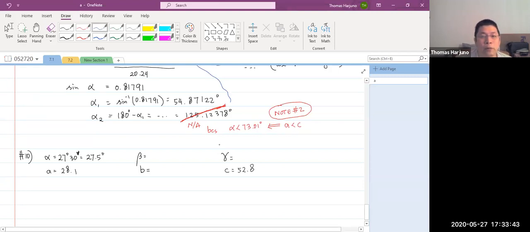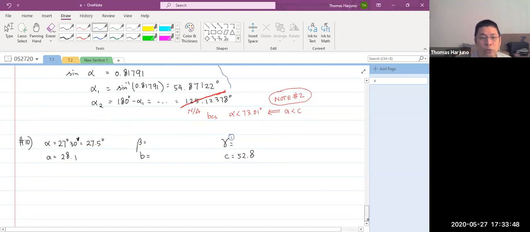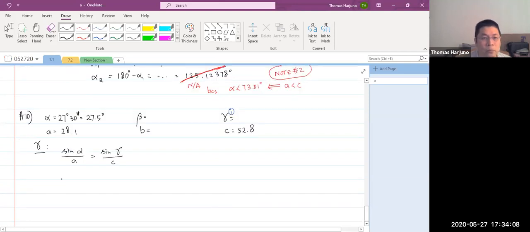Okay, so what I will do first is to find this angle gamma. Now let me ask you to work on that. So for angle gamma, we will use sine alpha over A equals sine gamma over C. That's sine 27.5 degrees over 28.1 equals sine gamma over 52.8.